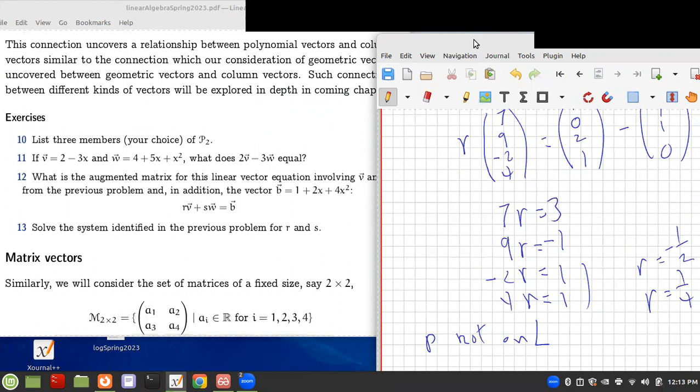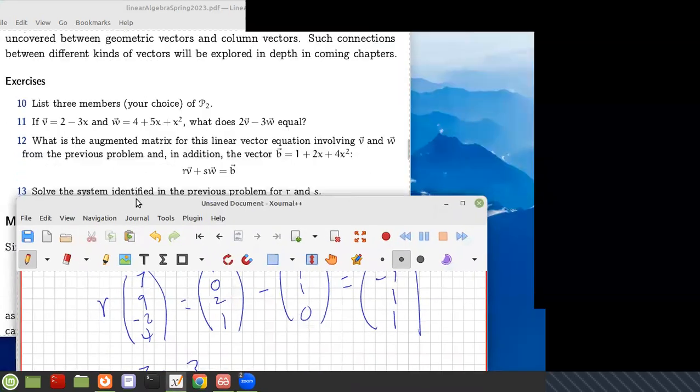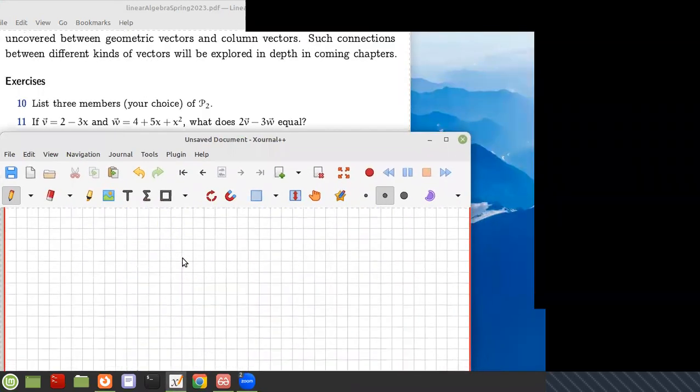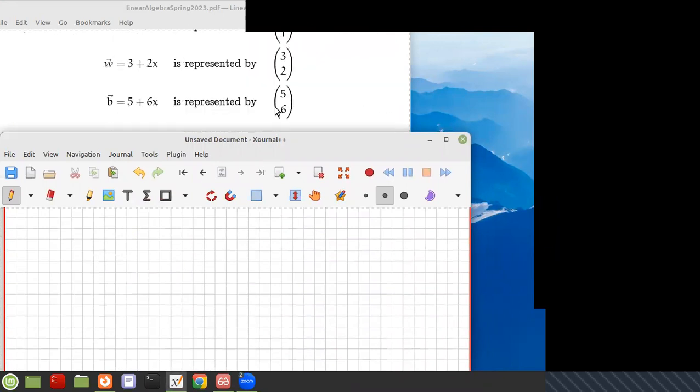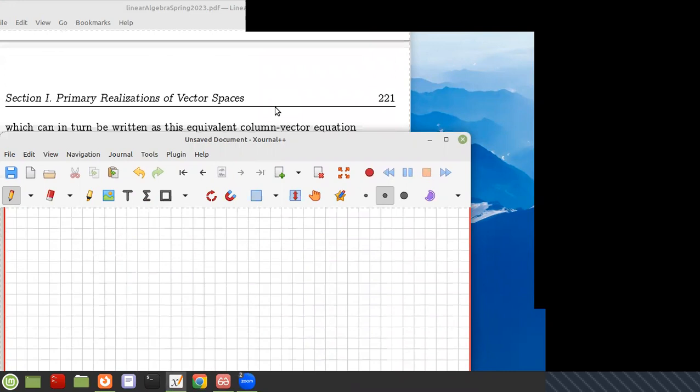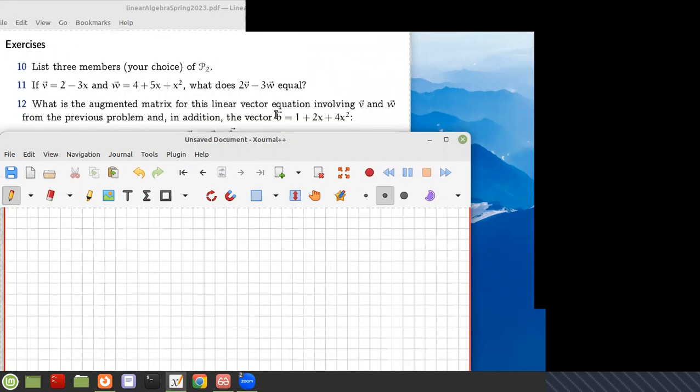Oh, here's a little problem that I can ask you to do. It's on page 221, number 11.